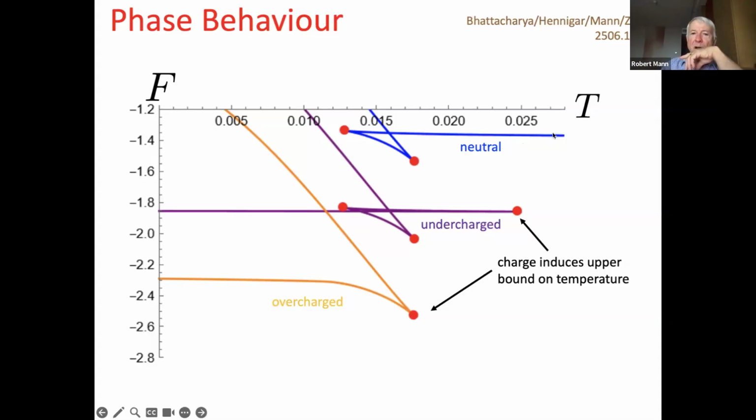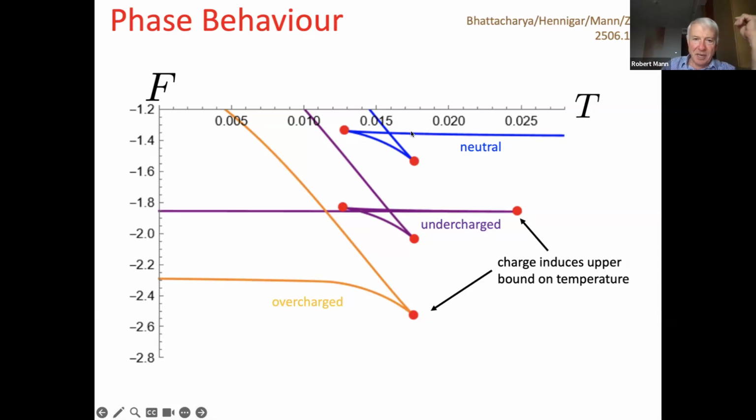If there is no charge, the neutral case, we get this inverted swallowtail structure. Now, the meaning of this is at high temperatures, the black hole will be in this state.